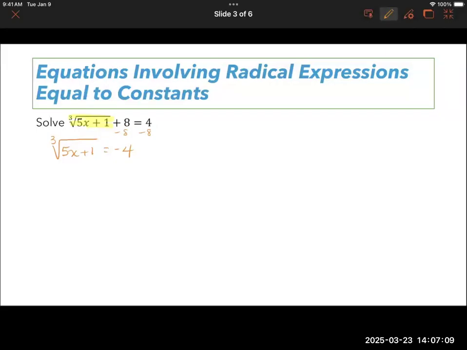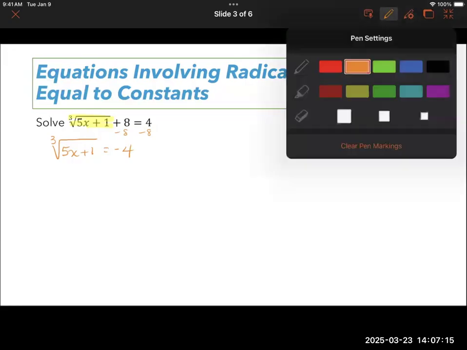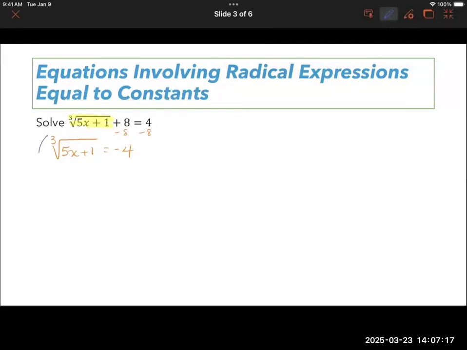Okay, now in order to undo the cube rooting, I need to take both sides and cube it. Okay, so the cube root and the cube cancel each other out on the left, and I'm left with a 5x plus 1.